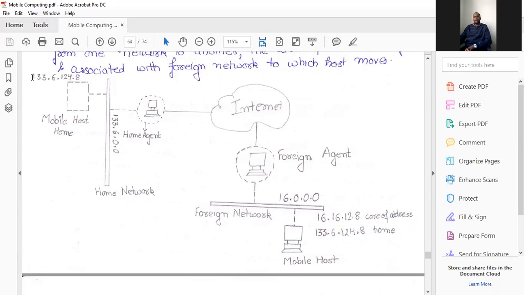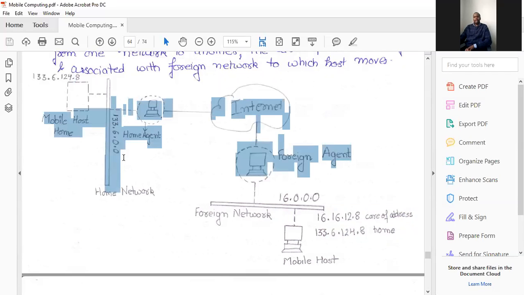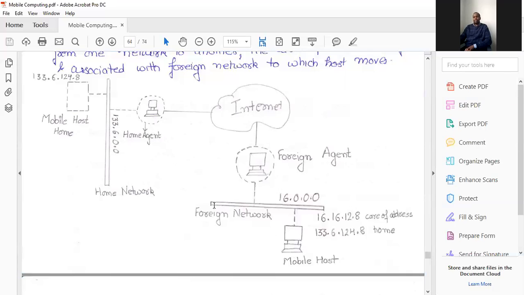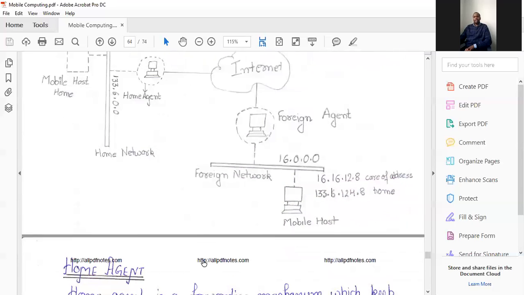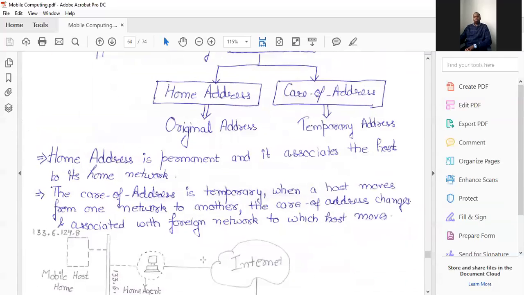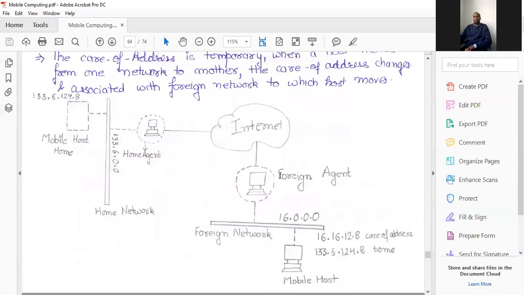This home network has its own set of IP addresses. But this foreign network also has its own set of IP addresses. So for these devices that have their own unique set of IP addresses in different networks, how do they communicate? They communicate through what we call the foreign agent.